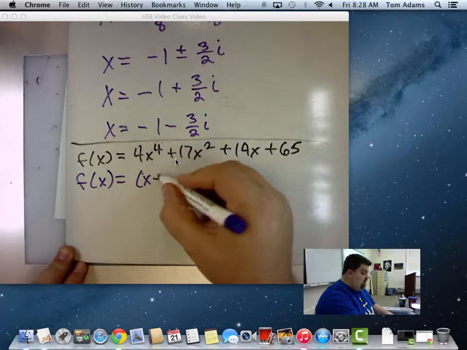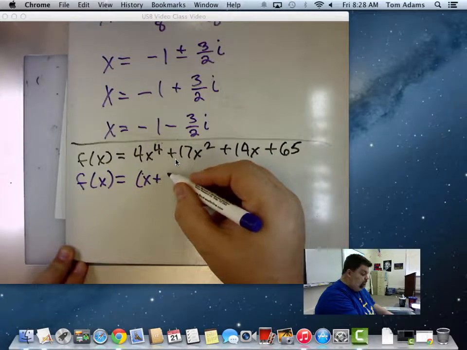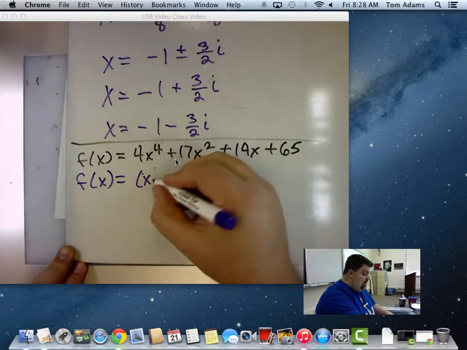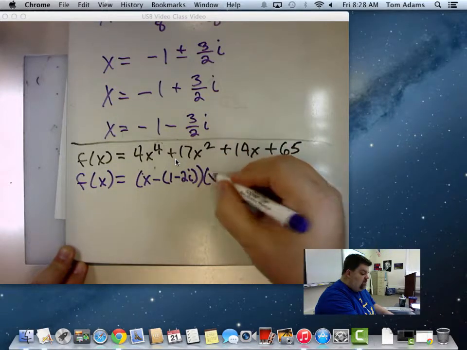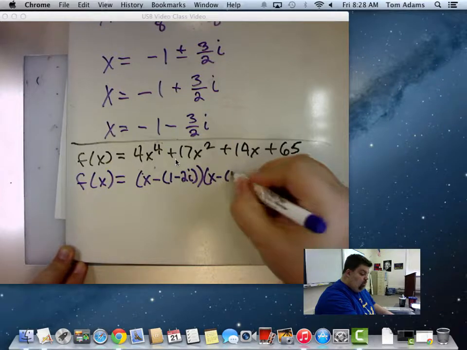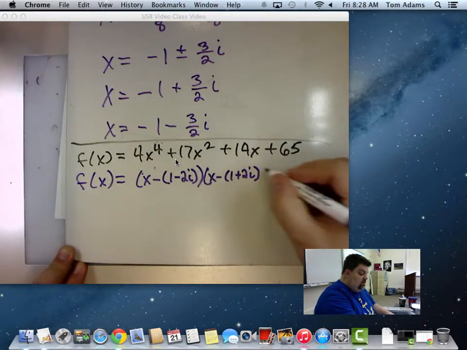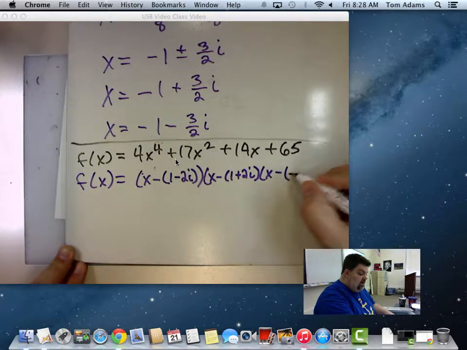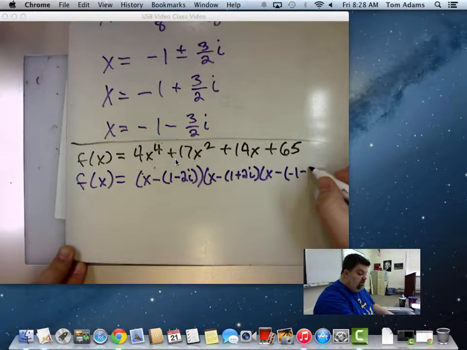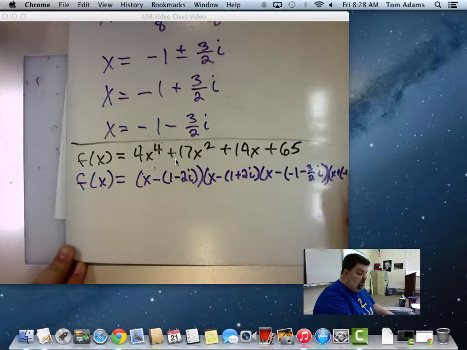I figured out this is equal to x plus, well, actually it's x minus the quantity 1 minus 2i times x minus the quantity 1 plus 2i, times x minus the quantity -1 minus 3/2 i times the quantity x plus -1 plus 3/2 i.